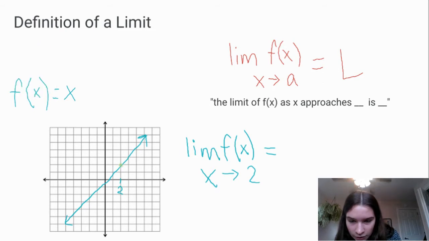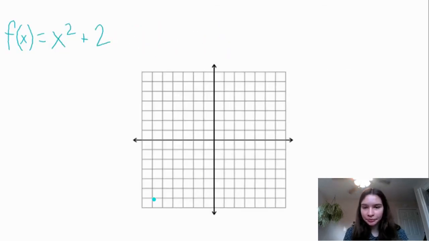So this is our point 2 right here, and we can see from both sides that the graph approaches right here, 2. Okay, great. So then we know that the limit of f of x as x approaches 2 is going to be 2. Okay, let's move on to the next one.